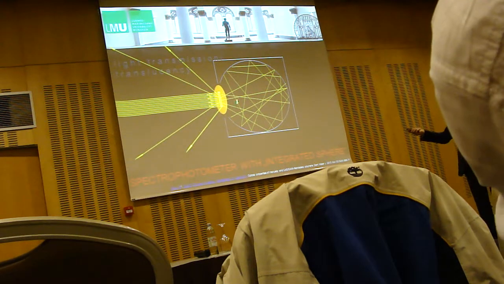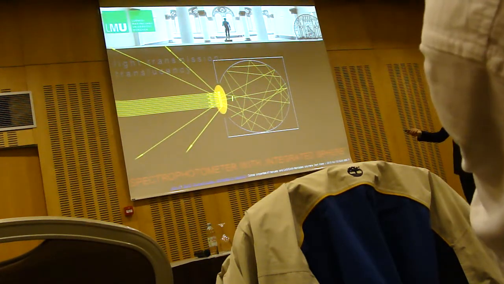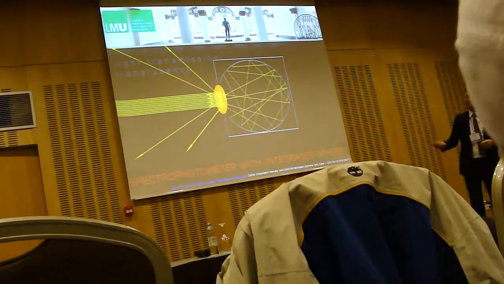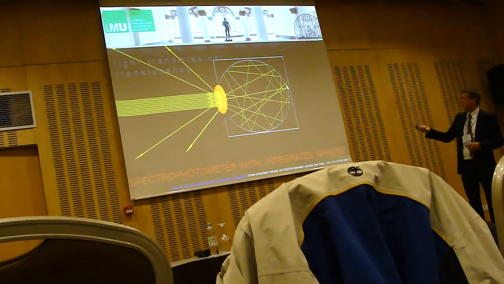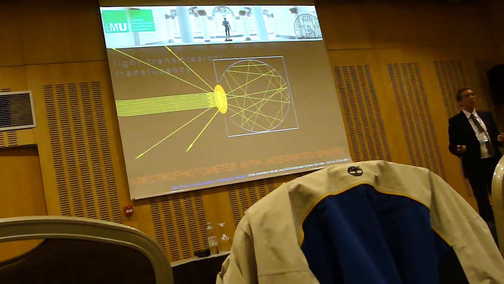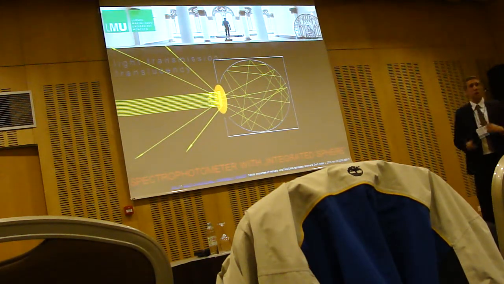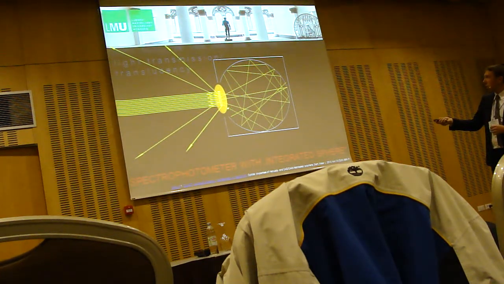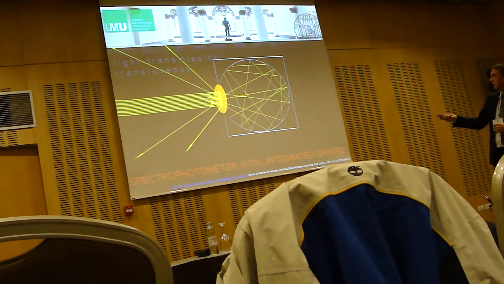We fabricated 40 specimens of several materials, and we put each specimen in front of the integrating sphere. The integrating sphere is a ball sensor that gets all light that is transmitted through the specimen, not only in the direct direction but also the scattered light.